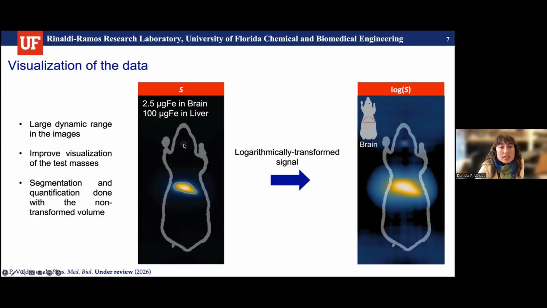It's very difficult to see the signal in the brain, although this is the largest mass we're testing. So we grab the scan and apply the logarithm to every single voxel, and this is how it looks. This is just for visualization. All segmentations and quantifications were done in the original non-transformed form.